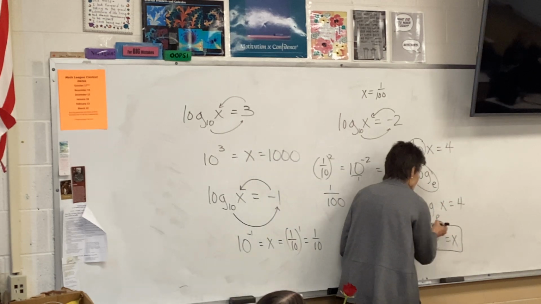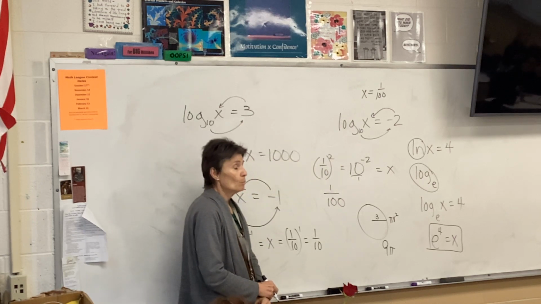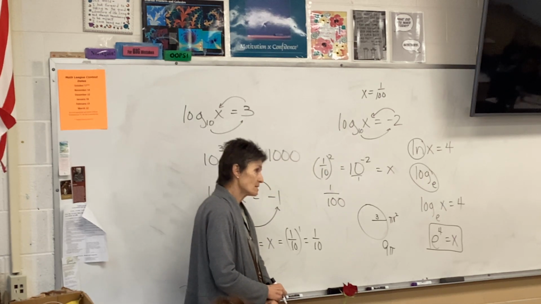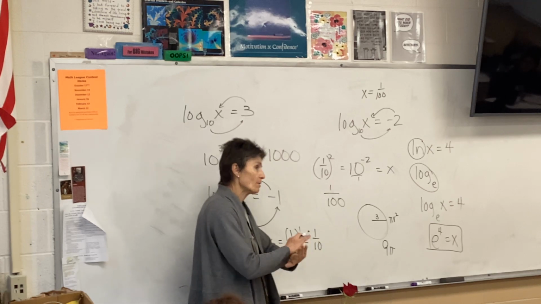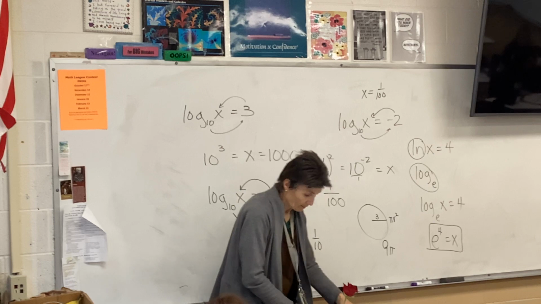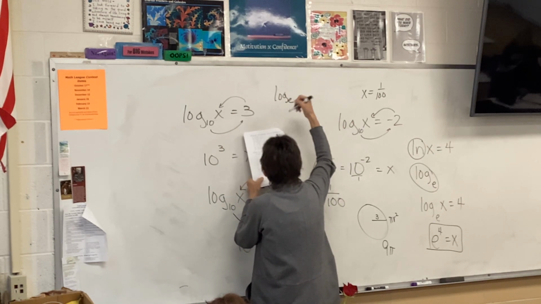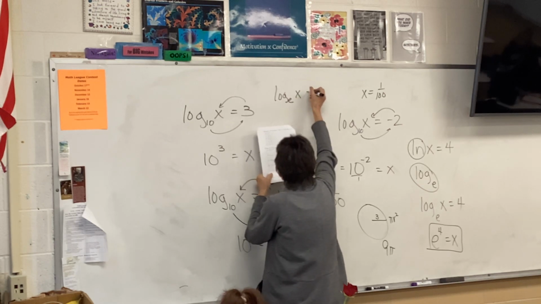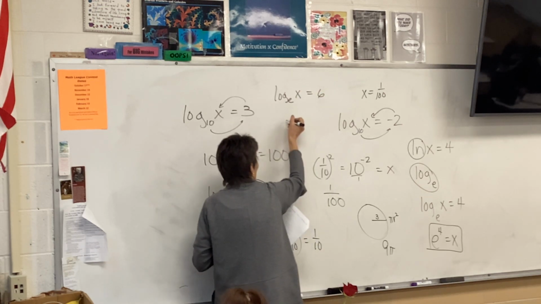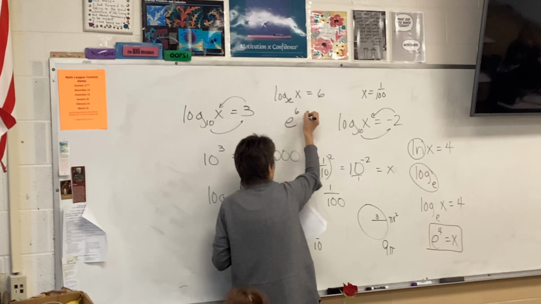We are encouraged to leave our answer as e to the 4th. We could type it in and get a decimal, but it's not necessary and not preferred. Just leave it. So what's problem e going to be? Won't problem e be e to the 6th?